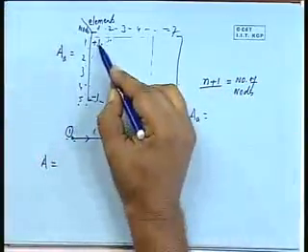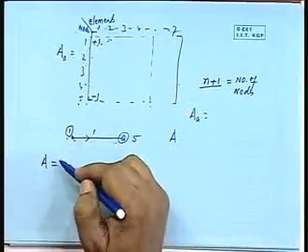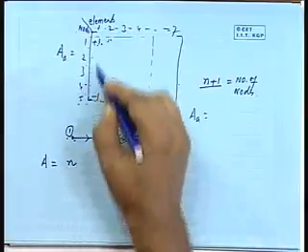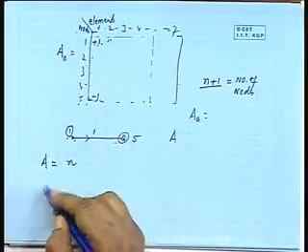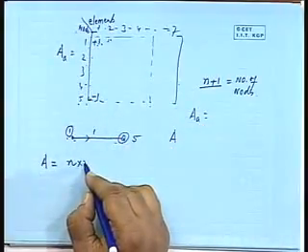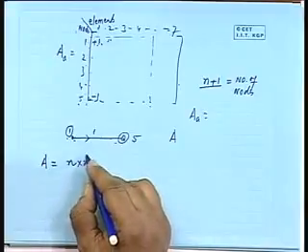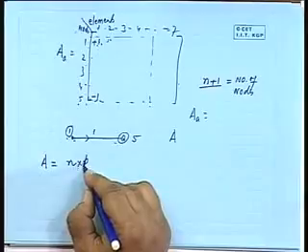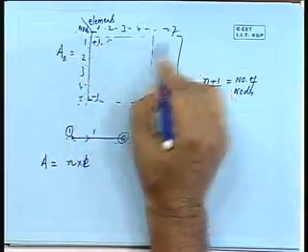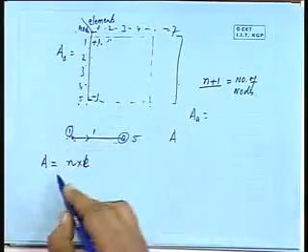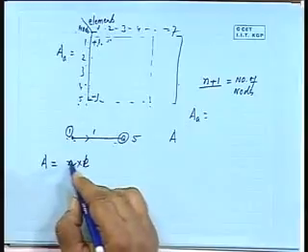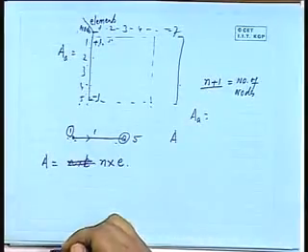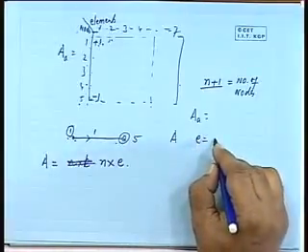Okay, suppose n plus 1 is the number of nodes, then n will be the order of A, n by n by total number of branches, total number of elements. Say there are 7 elements, 7 by 4, that will be the dimension of A. E is the number of elements.